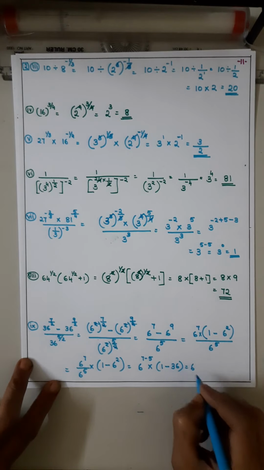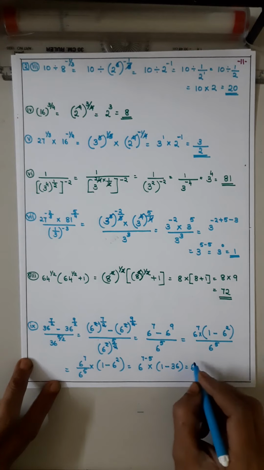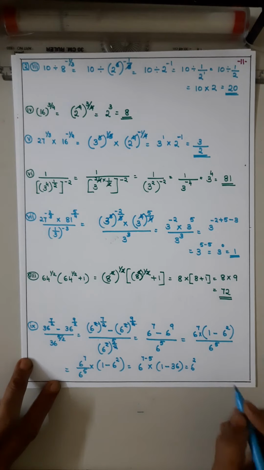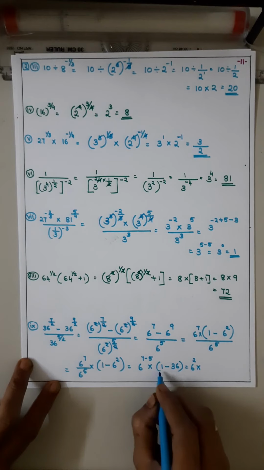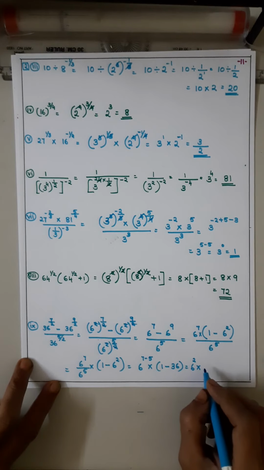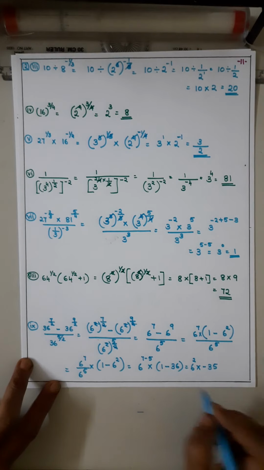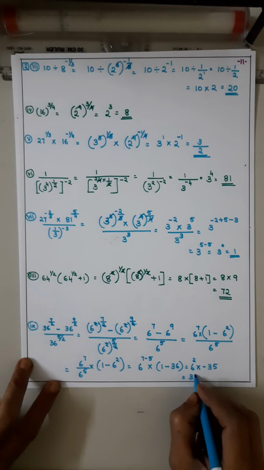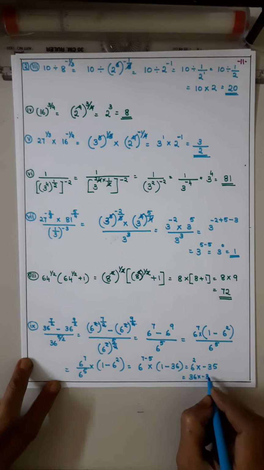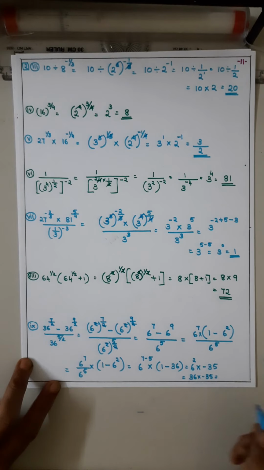Now 6 to the power 7 minus 5 is 2, into 1 minus 36 is minus 35. That means 36 into minus 35. मल्टीप्लाई करोगे आपको आएगा -1260.